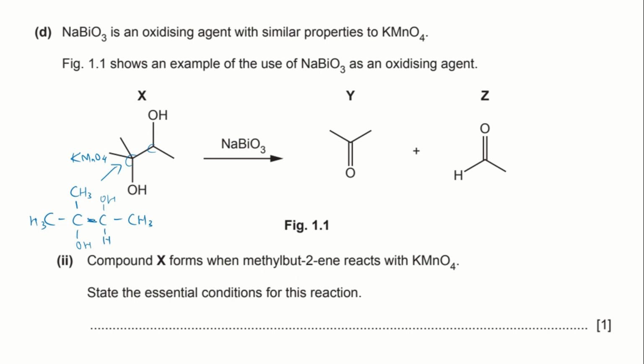Right, it became a diol. So for a reaction between an alkene and KMnO4 forming a diol, we have to use cold, dilute, acidified KMnO4.